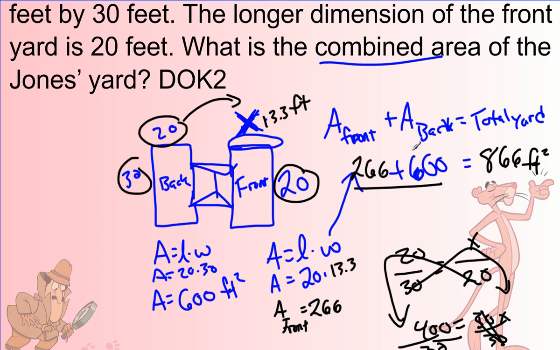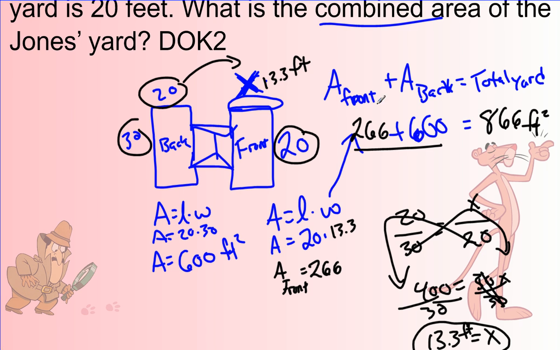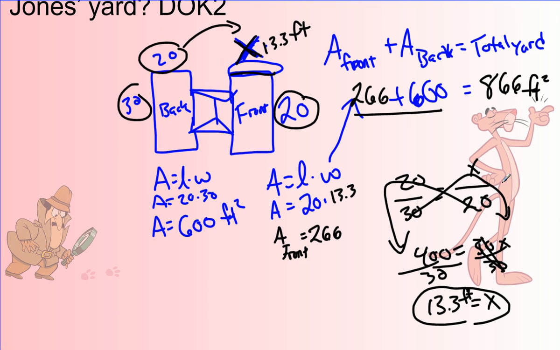That's the front and the back together. So I found the area of the front and the area of the back. The area of the back was simple because it gave me all the dimensions I needed. For the area of the front, I had to find my missing piece. Because the shapes were similar, I can use a proportion. So I set up my proportion and cross-multiplied.